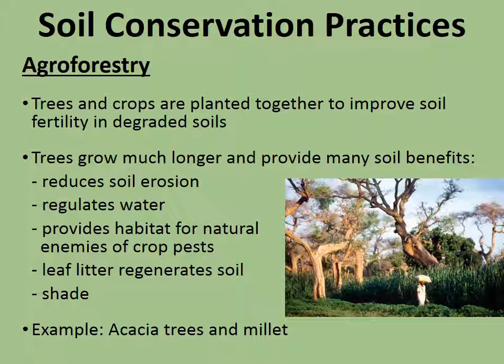The leaf litter that falls regenerates the soil, and it also creates some shade. For some plants, they can't grow with blaring sun. What it does is it evaporates the water too quickly. It can burn their leaves. So in this case, they plant acacia trees and millet together, and that's your co-planting.